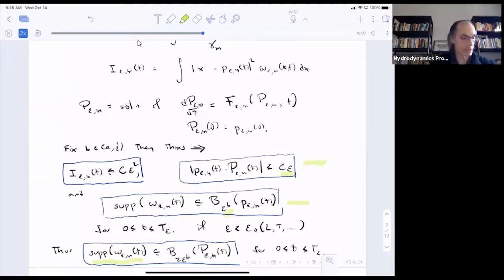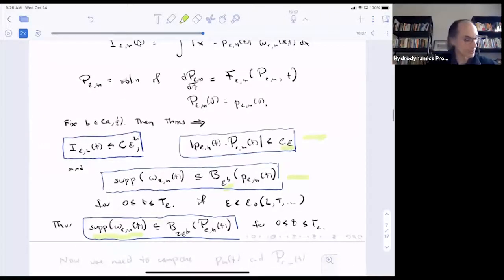And so it's epsilon to the b plus C epsilon. If epsilon is small enough, this C epsilon is smaller than epsilon to the b, and I can write that as just 2 epsilon to the b. Okay, so really this is epsilon to the b plus C epsilon for epsilon small. Okay, good.